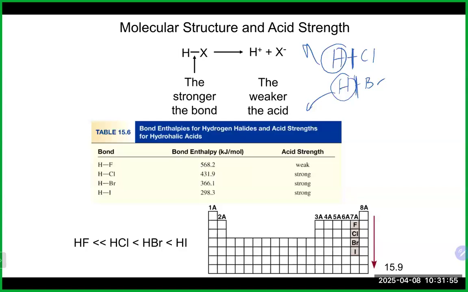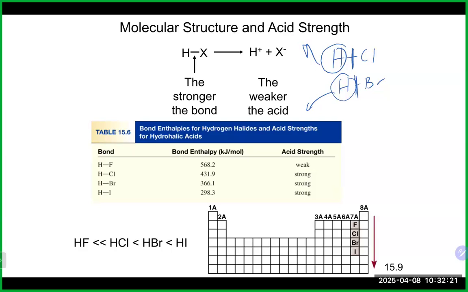Perhaps you might remember that when you talked maybe about bonding, and you have to add up all the bonds you broke and all the bonds you made, and it was a double bond, a triple bond, a single bond. It has different values. So bond energy or bond enthalpy is actually the consideration that we look at when comparing acids that do not have oxygen. The stronger the bond enthalpy, the weaker the acid will be.